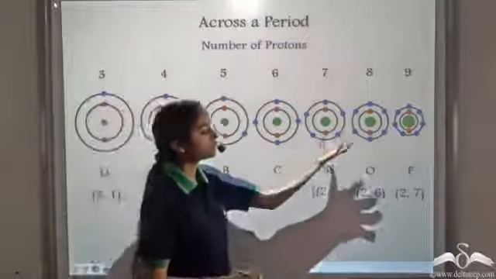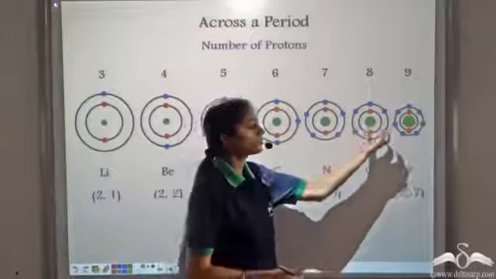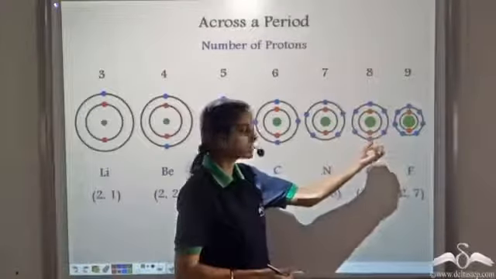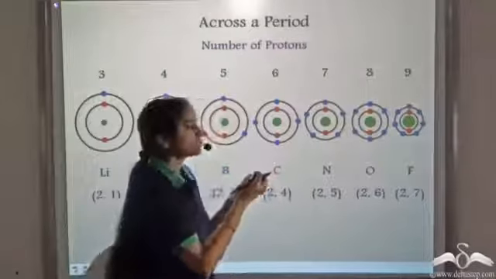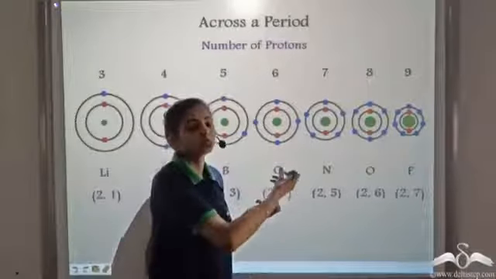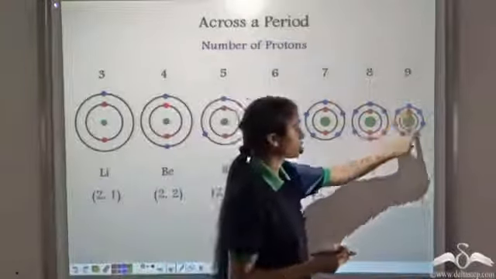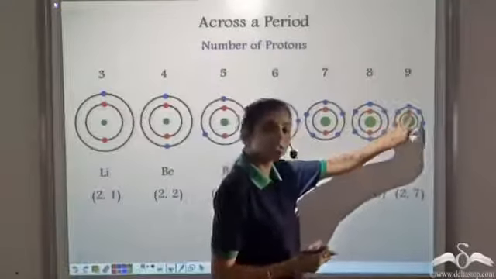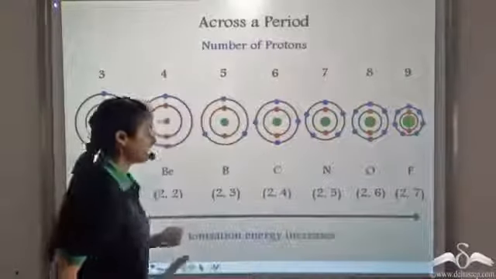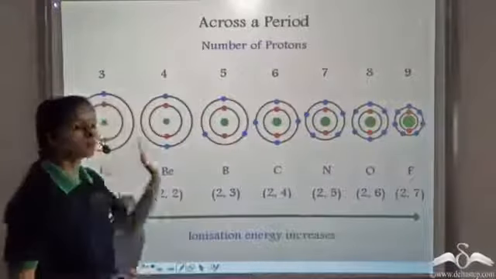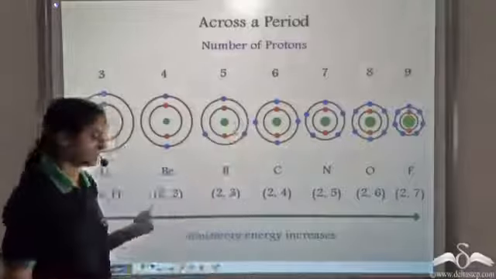That means the outermost shells are pulled with a greater force towards the nucleus. Since the outermost shells are very close to the nucleus, it requires a lot of energy to remove the electrons from this shell. Since the energy required to remove the electrons increases, the ionization energy on moving from left to right in a period increases.